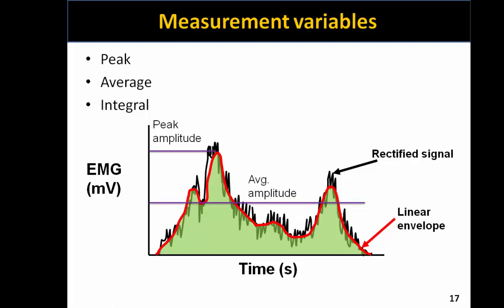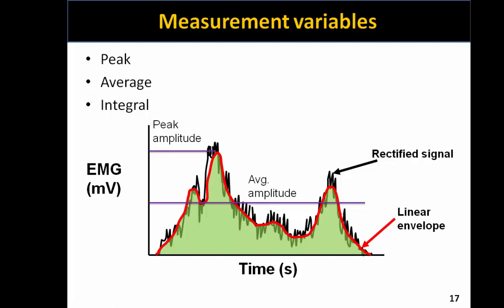Another approach that is commonly used is to take what's called an average amplitude. So on the red line here, the processed smooth signal, each data point is added up, divided by the number of data points that were added up, and it yields an average value.